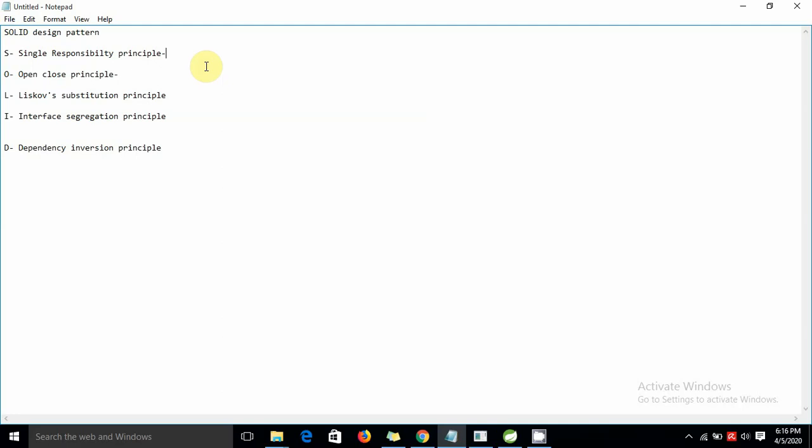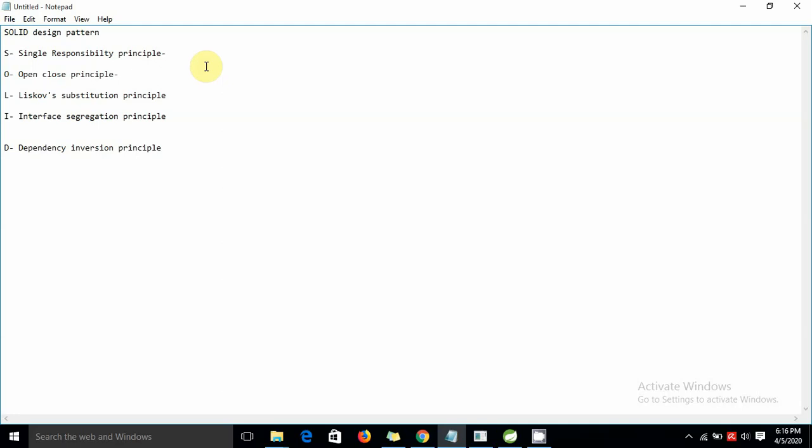So the interface segregation principle suggests that we design an interface in such a way that no class is forced to implement any method which is not required by it.